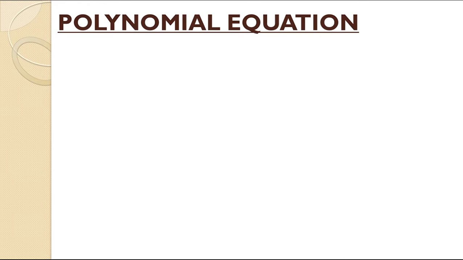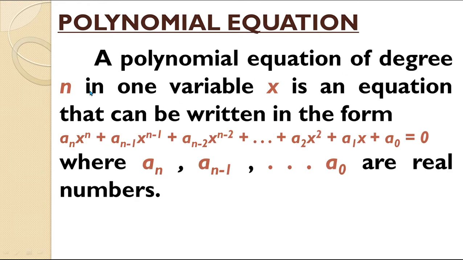So a polynomial equation of degree n in one variable x is an equation that can be written in the form a sub n times x raised to n plus a sub n minus 1 times x raised to n minus 1 plus a sub n minus 2 times x raised to n minus 2 plus and so on, then plus a sub 2 times x raised to 2 plus a sub 1 times x plus a sub 0 is equal to 0, where a sub n minus 1, and so on, then a sub 0 are real numbers.